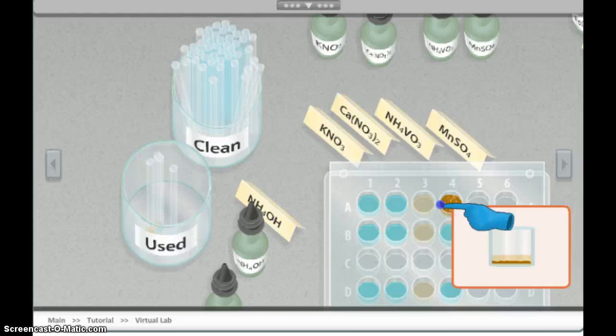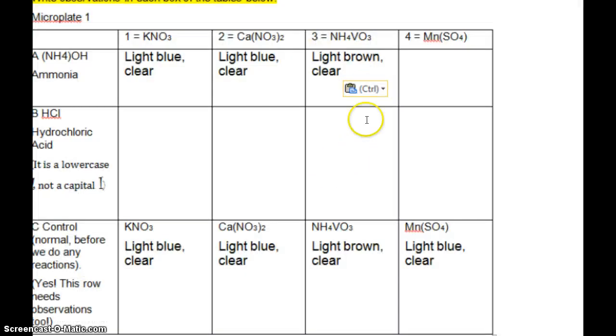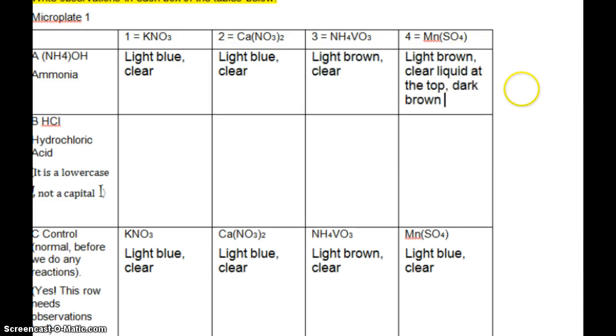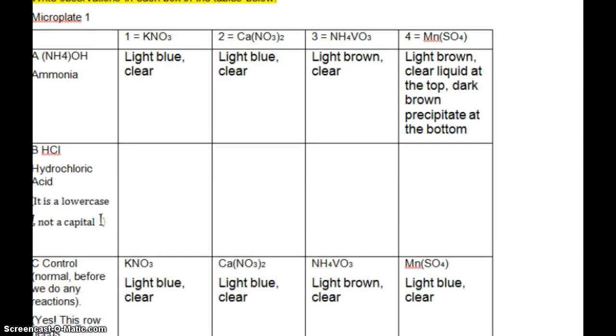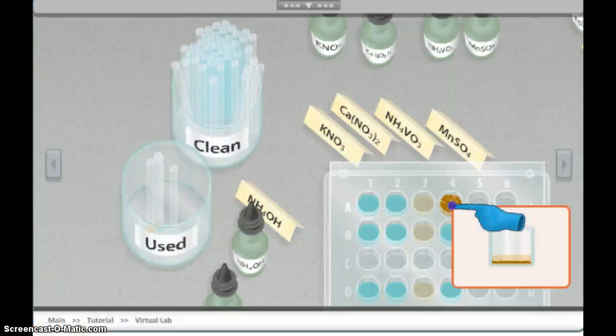All right, so for this observation, we need to look what color is the liquid, and the liquid is on top, and what color is the precipitate, which is the chunks that fell to the bottom. All right, so I would say light brown, clear liquid at the top, dark brown precipitate at the bottom. If it looks a little reddish on your screen, that's okay. The big thing is the darker colors on the bottom.